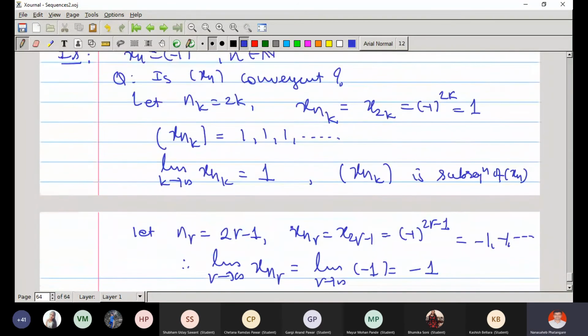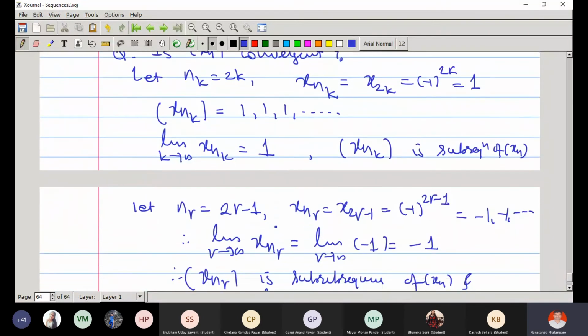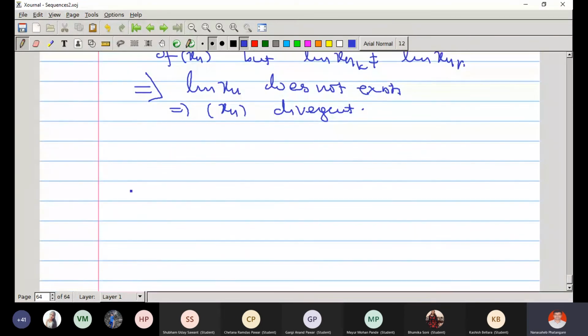So you just have to pick two subsequences which give different limits. That is helpful, and so this criterion is useful if sequences are divergent. If the sequence is convergent, then this criterion is not helpful, because every subsequence you choose converges to the same number. If you check this for 5, 10, 100 subsequences, will it be sufficient? No. Right. If x_n is convergent, every subsequence converges to the same number.